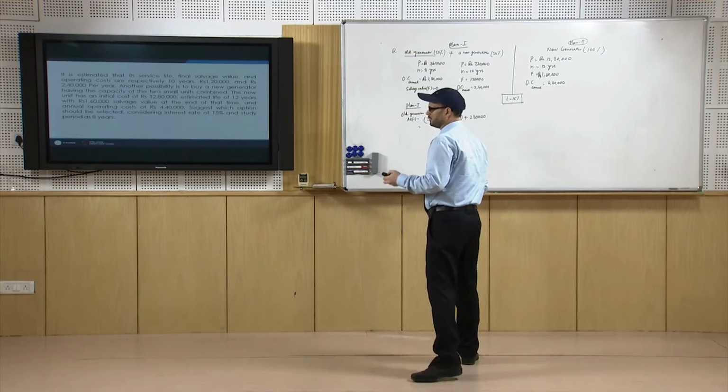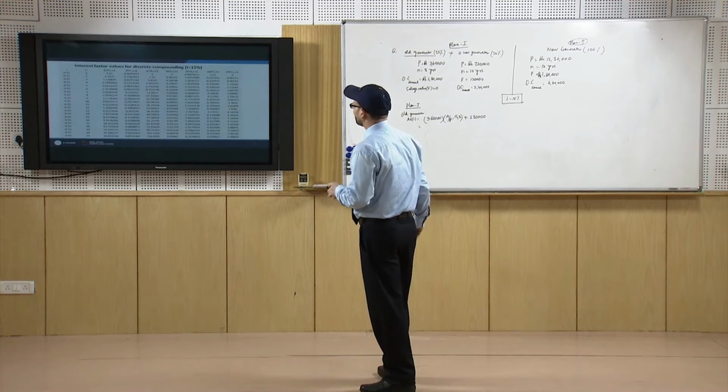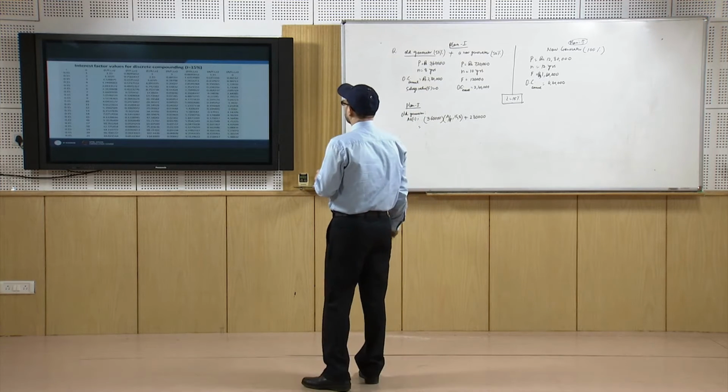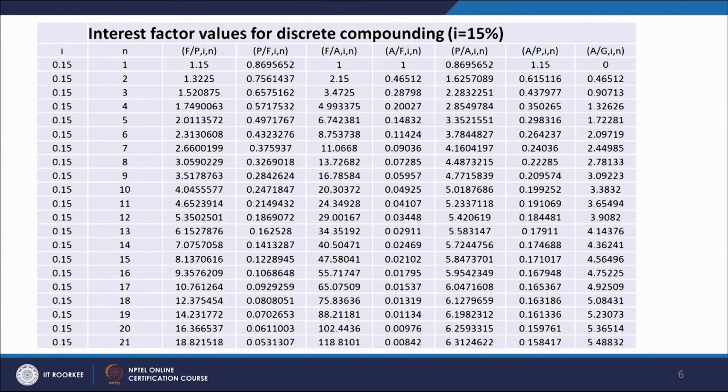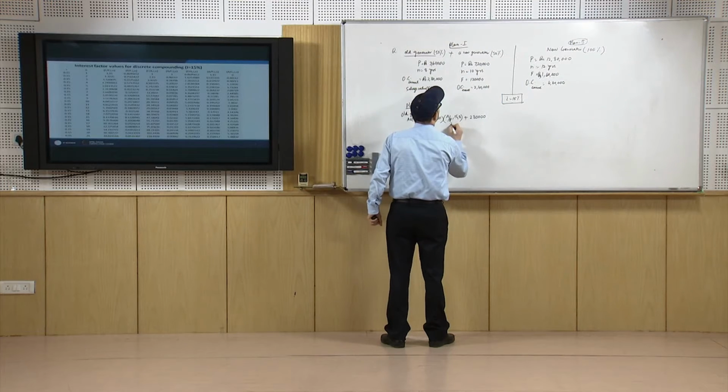So A by P 15.8 we can get from this table. A by P 15.8 will be 0.223.